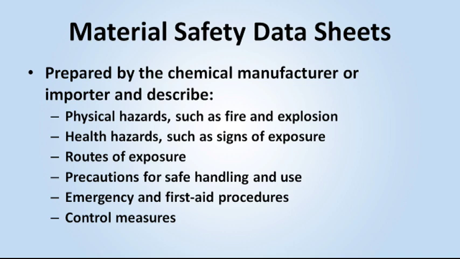Material safety data sheets are prepared by the chemical manufacturer or importer and describe physical hazards, such as fire and explosion, health hazards, such as signs of exposure, routes of exposure, precautions for safe handling and use, emergency and first aid procedures, and control measures.